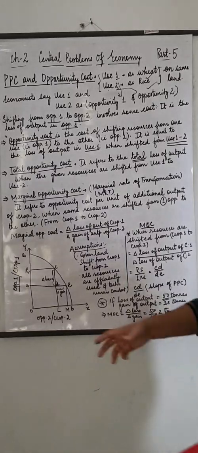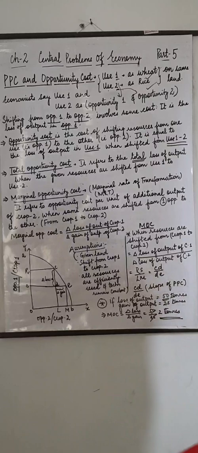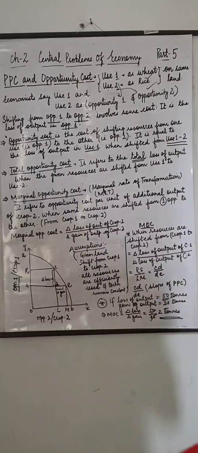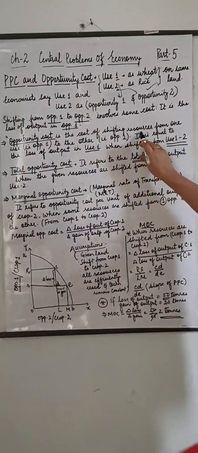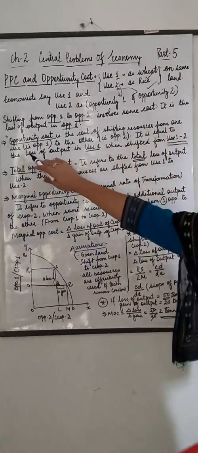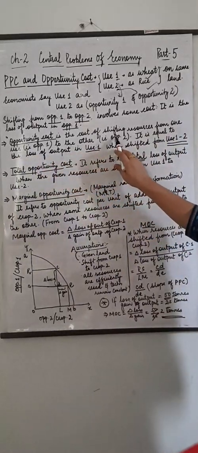Moving ahead with this, we come to the definition of opportunity cost. What is opportunity cost in actual? In technical terms, opportunity cost is the cost of shifting resources from one use, that is opportunity 1, to the other, that is opportunity 2.